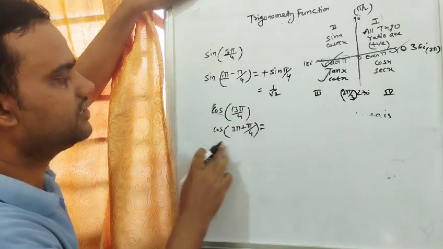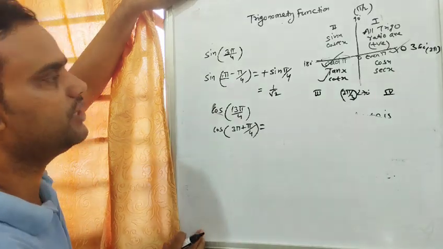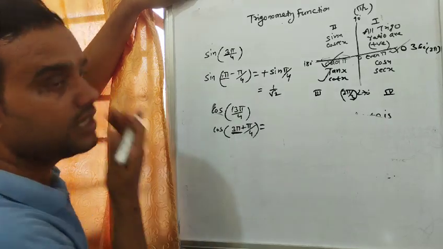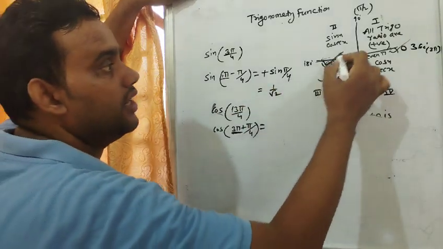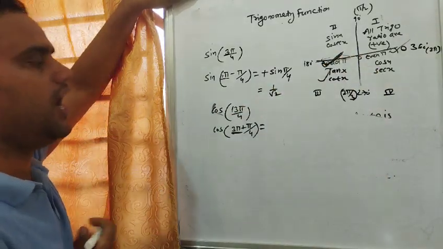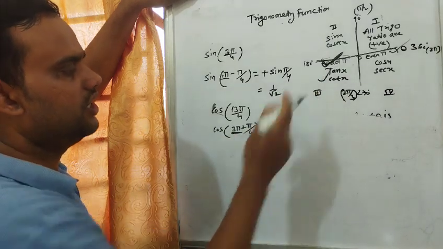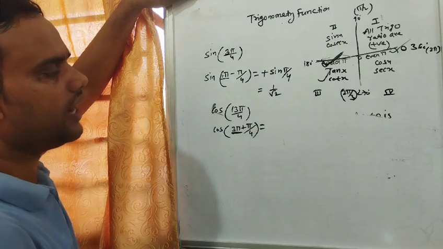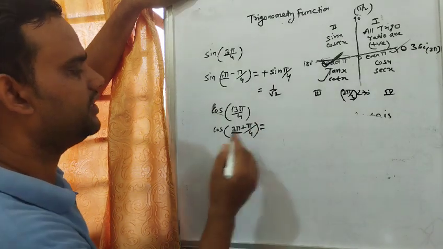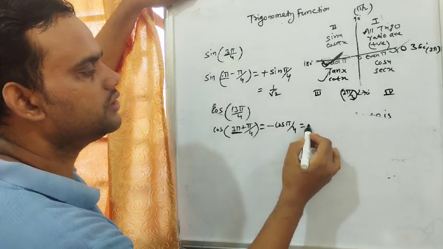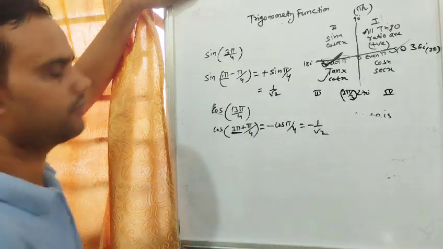Is 13 odd or even here? This is an odd number, so again we are at the odd place, and plus pi by 4 means the third quadrant. In the third quadrant only tan and cot are positive. So we write minus cos pi by 4. The answer is minus 1 by root 2.